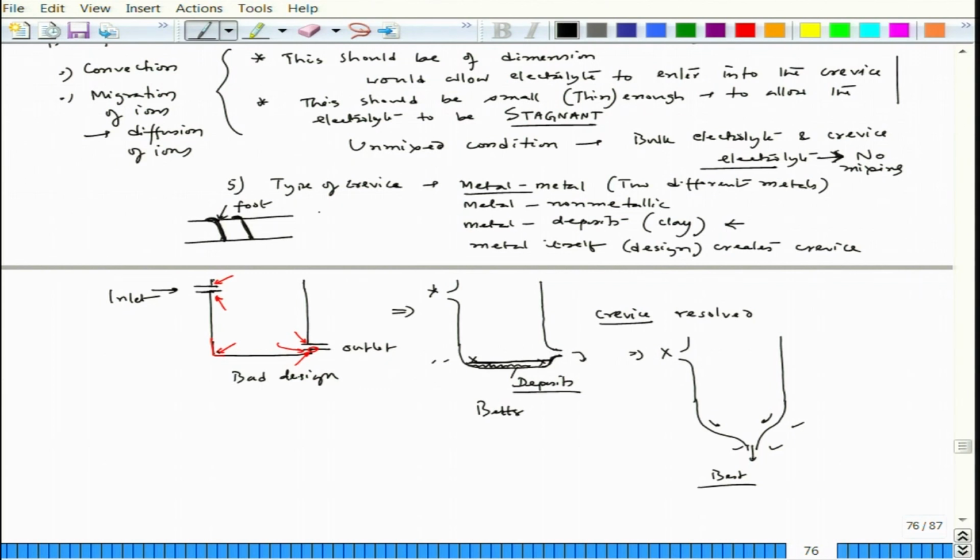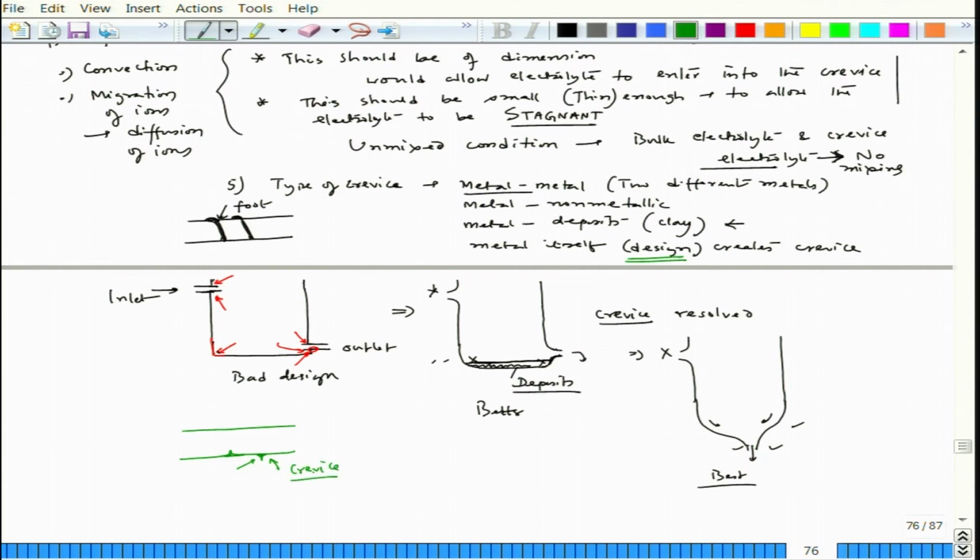At the same time, out of the different types, there is one more very important factor, the design-related crevice formation. For example, sometimes in a cast pipe the problem becomes very prevalent. In a cast pipe, there could be extra metal protruding, or extra metal coming out on the outside. So, the wall is not smooth, and here also there is crevice formation.